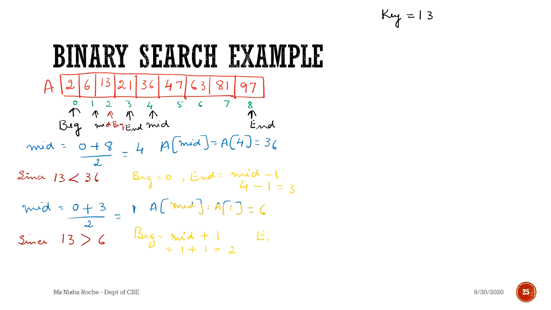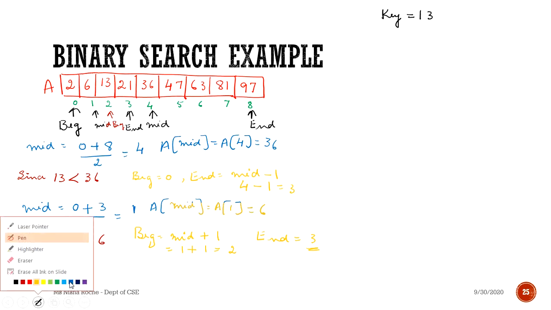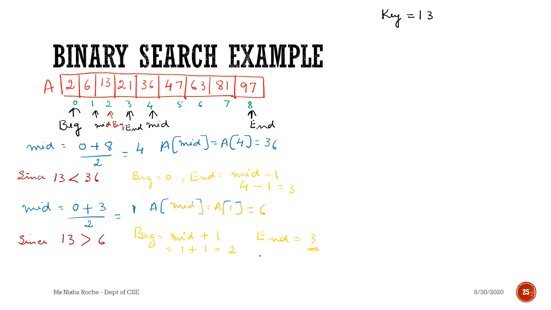What about the end value? End value is clear, it is 3. Therefore, now find the average. So middle element is equal to beginning plus end by 2, which is nothing but 5 divided by 2, 2.5, which is 2.